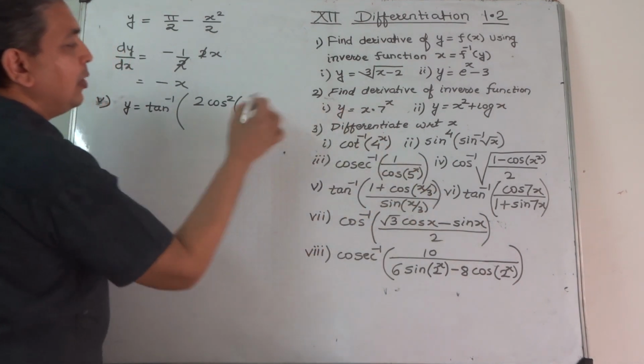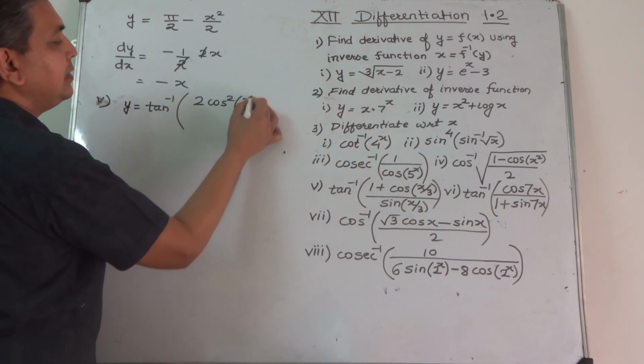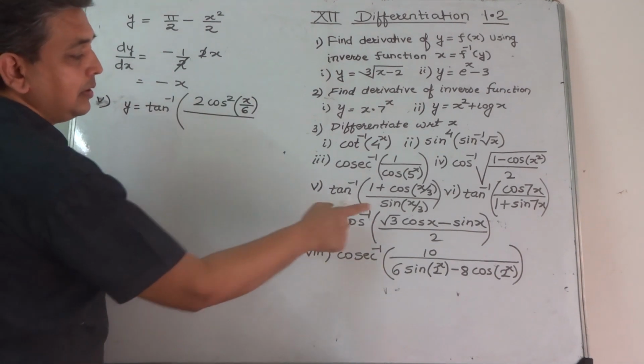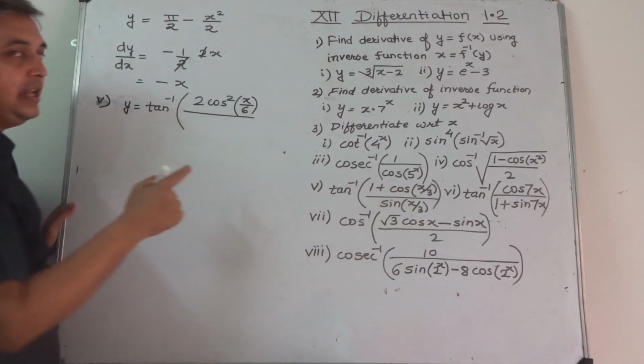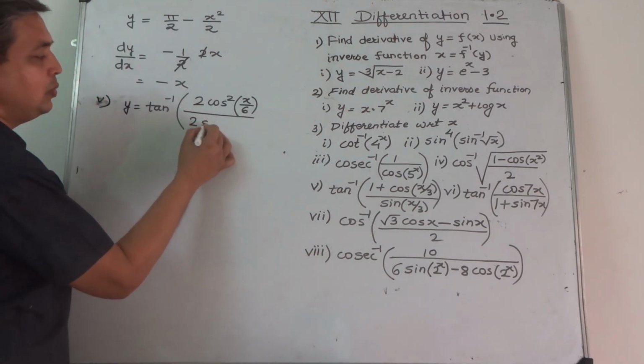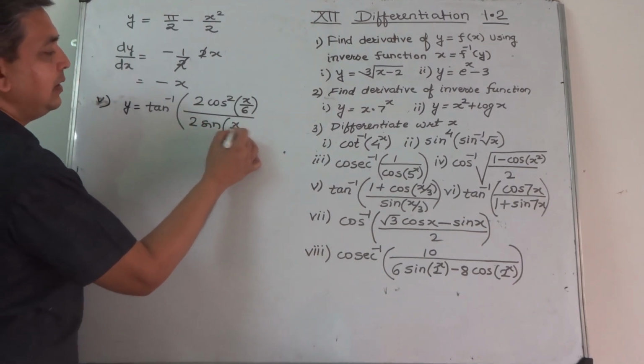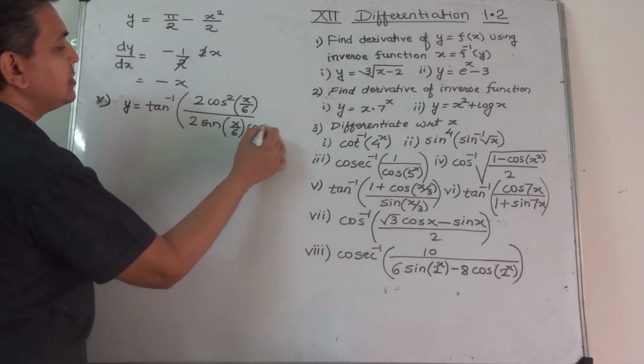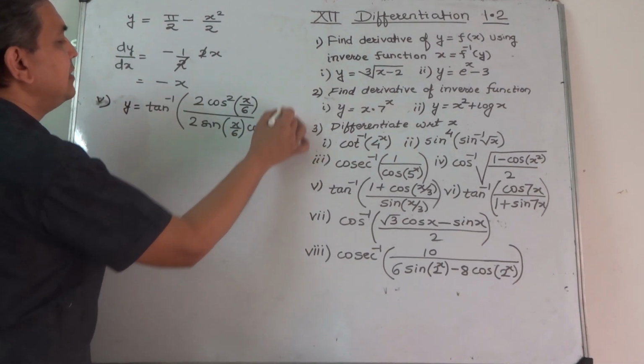X by 3 upon 2 will be x upon 6. And sin a can be written as 2 sin a by 2 cos a by 2. So this is 2 sin x by 6 cos x by 6.